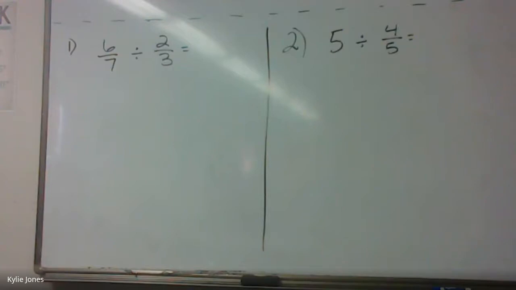And then you multiply straight across, numerator or denominator. And then you simplify. What if the numerator or the denominator stay the same? You keep, change what is here.